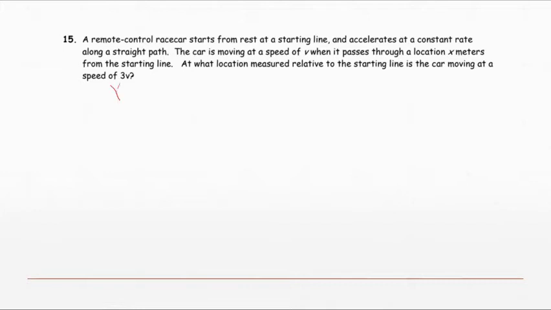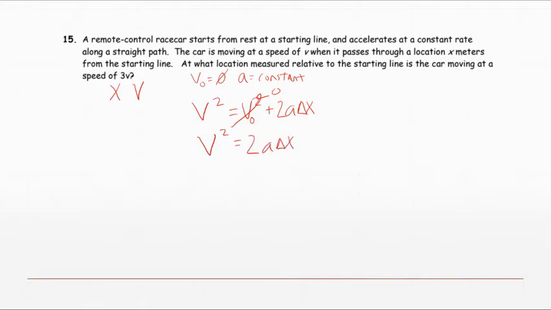So we're comparing x and v, and we know that it started from rest, v initial is equal to 0, and we have a constant acceleration in both scenarios. So we're looking at the relationship v squared equals v initial squared plus 2a times change in x. V initial squared cancels, so you end up getting v squared equals 2a change in x.